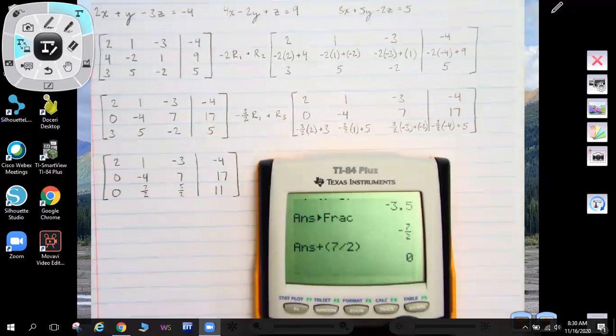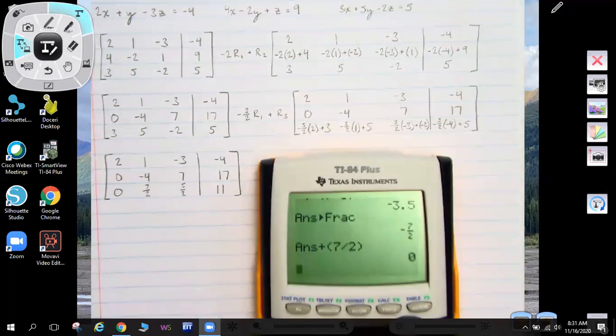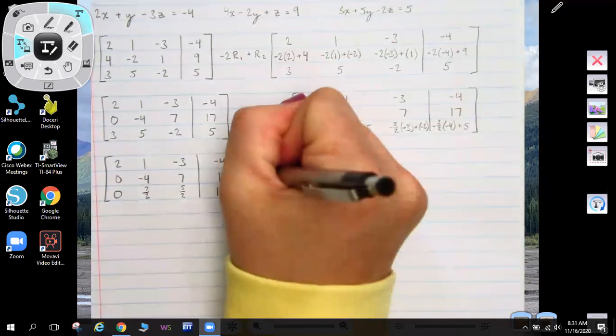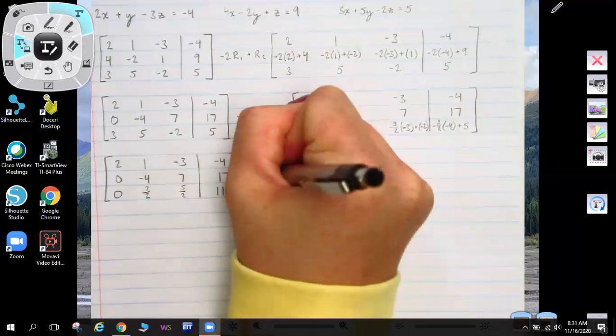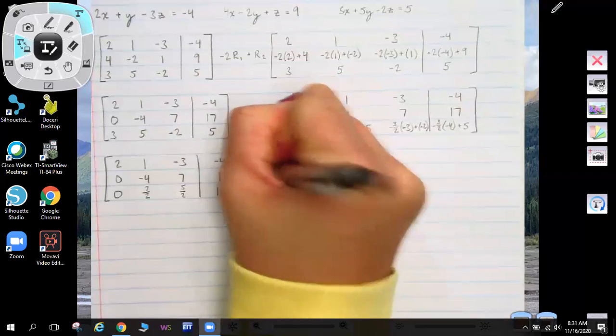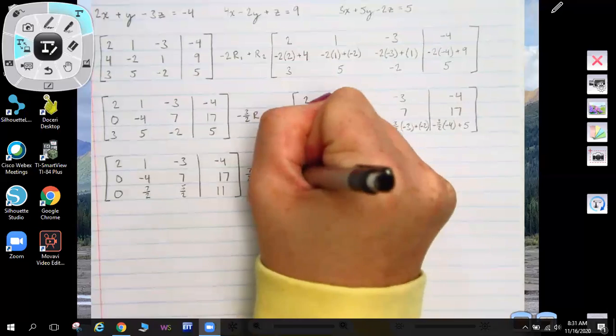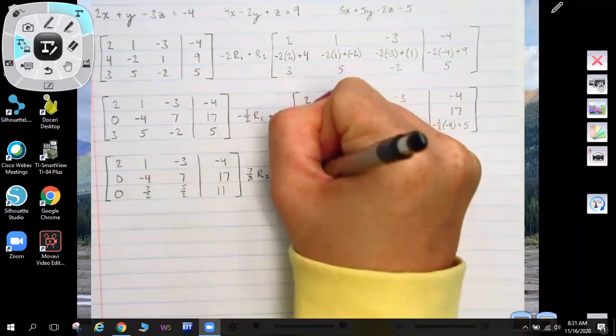So we're doing 7/8 times row 2 plus row 3. That's our next step.